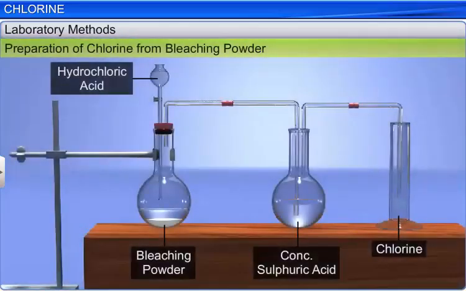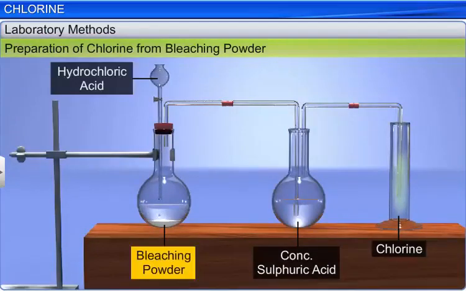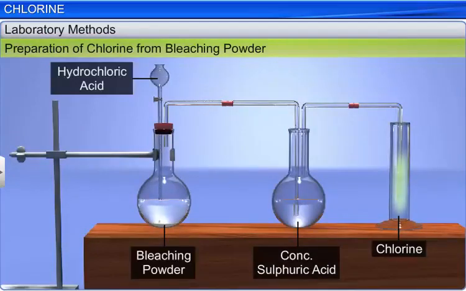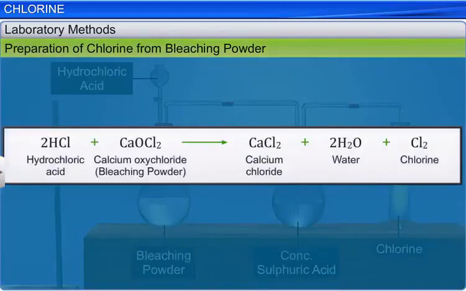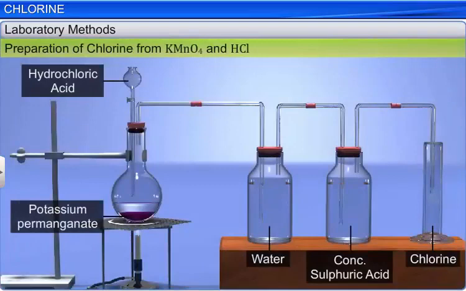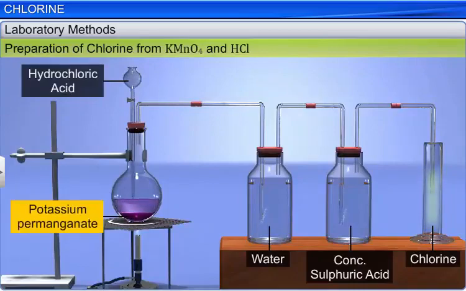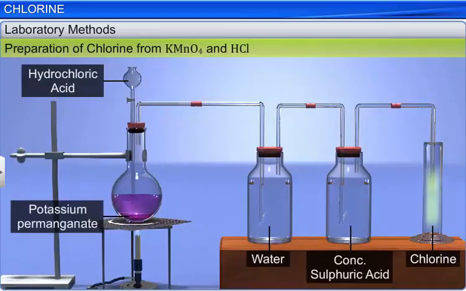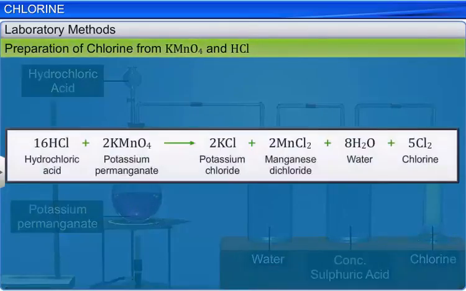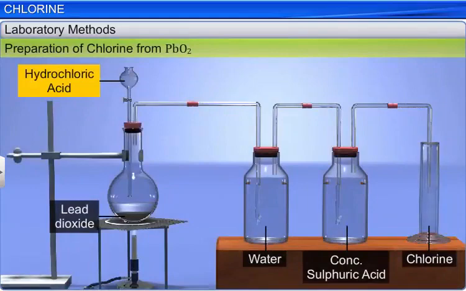Another method is by the action of hydrochloric acid on bleaching powder. Chlorine can also be prepared by the action of excess hydrochloric acid on potassium permanganate, and by the action of hydrochloric acid on lead dioxide.